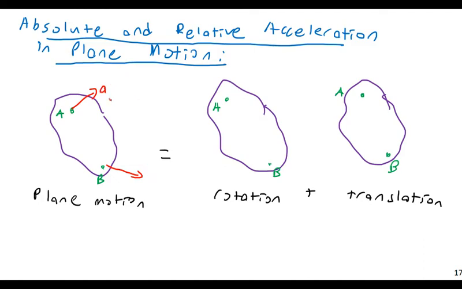Let's say point A is accelerating with AA, and point B is accelerating with AB here. So we're going to look at accelerations here rather than velocities.